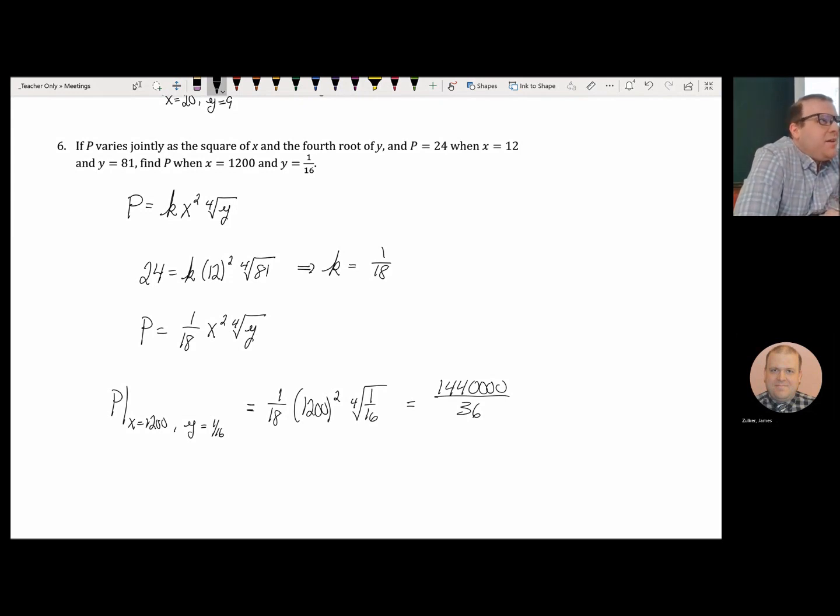I just multiplied the 18 by 2 instead of dividing the 144 by. Wait, what are you doing? I just put the 2 down in the denominator. You said, do we have to do that first? Well, no, I mean, you could technically just multiply 18 by 2 and leave the 1200 squared in the numerator. Either way, that's 40,000.